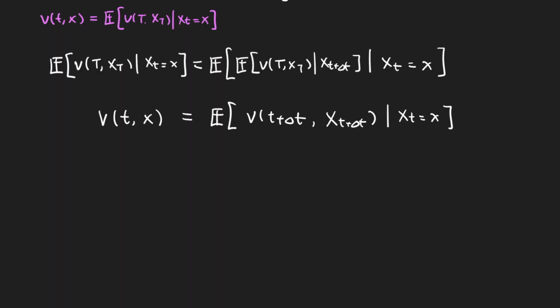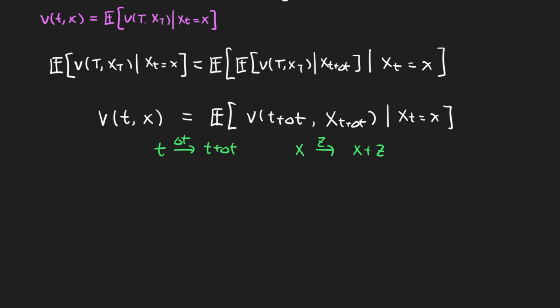So the idea here is that we can just write the right-hand side as an integral. Let's consider that over the change of time from t to t plus delta t, the position changes by the amount z, so x becomes x plus z.